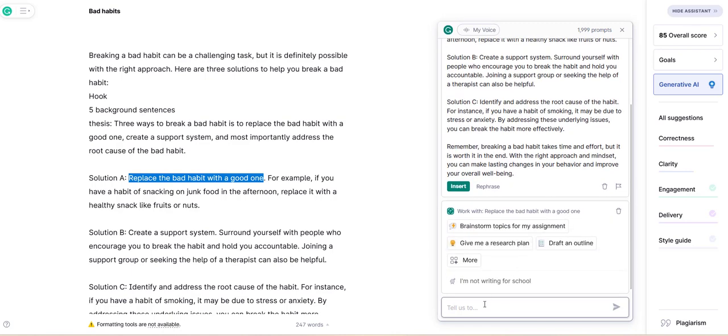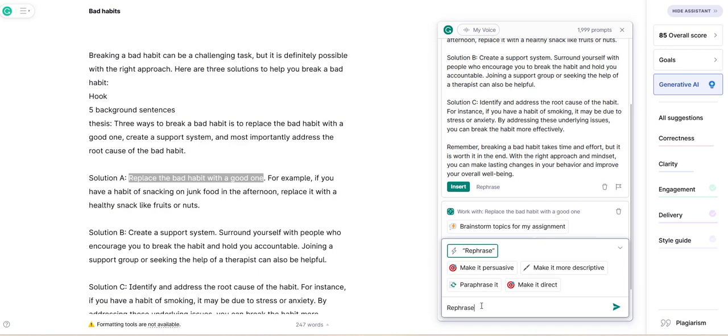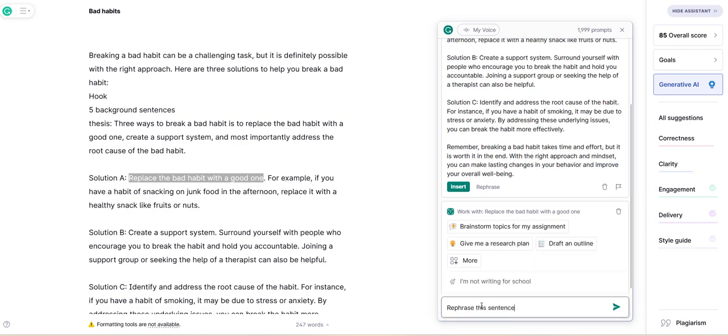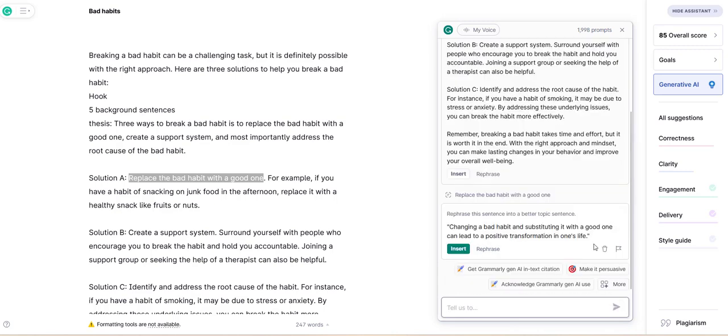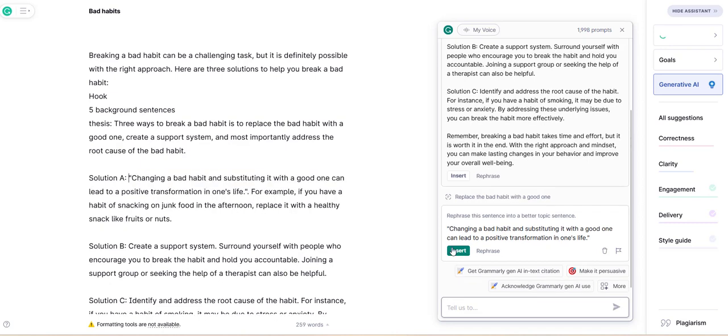So if I want to rephrase this sentence into a better topic sentence, in other words, a declarative sentence, then you press on this and here. Whoa, that's cool. I like this. Changing a bad habit and substituting it with a good one can lead to a positive transformation in one's life. Cool, I like that. Okay, I'm going to replace it.